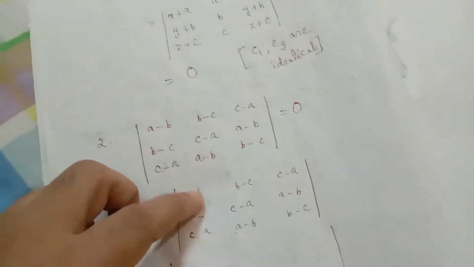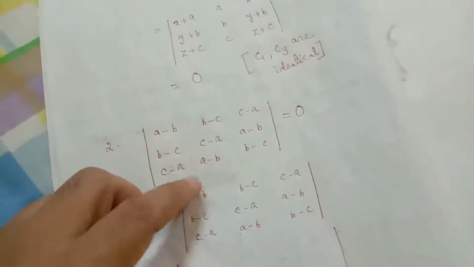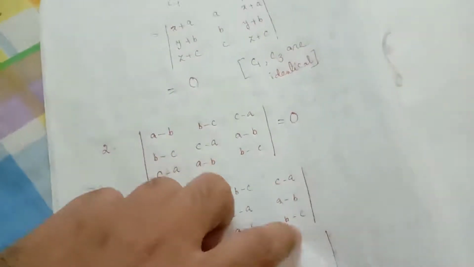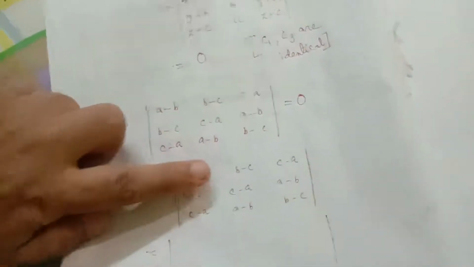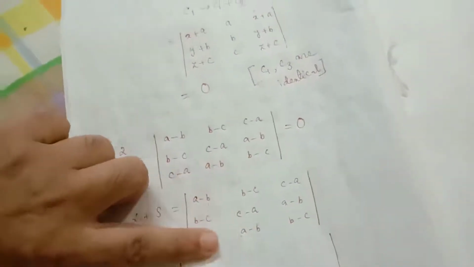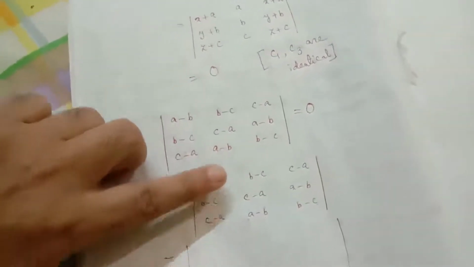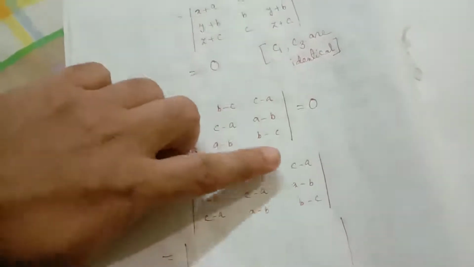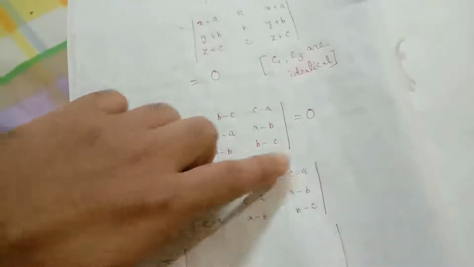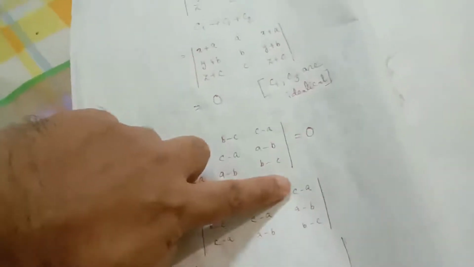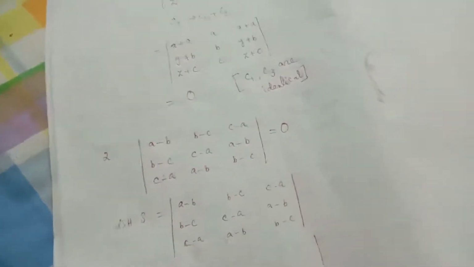If we add these three, this plus this will come here, this plus this here, and this plus this here, and these three will be the same.